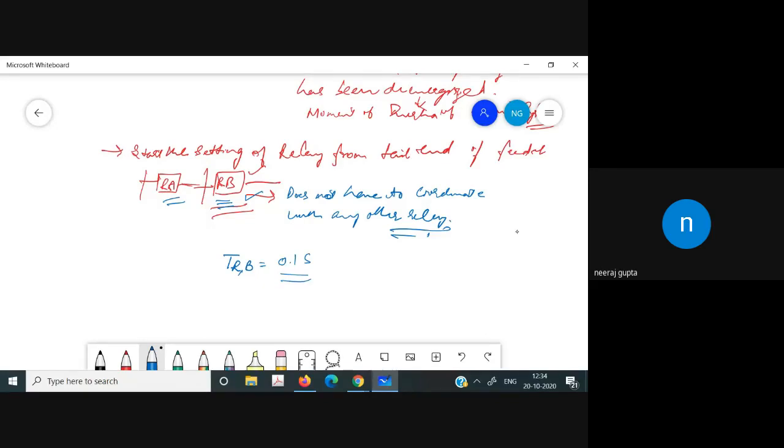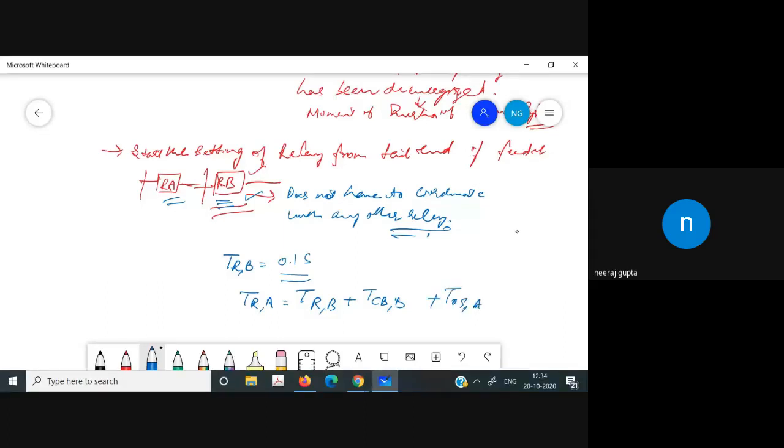Now let us suppose that, as we already know, T RA is equal to T RB plus the circuit breaker time at B plus the overshoot time.